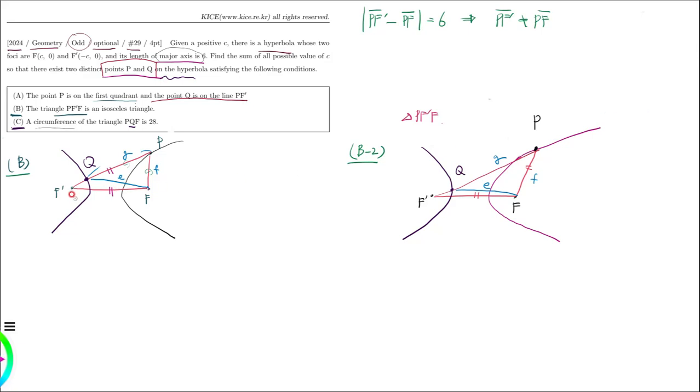And luckily, we know that in the case of B, this length is 2 times C, because we have a specific x coordinate here.